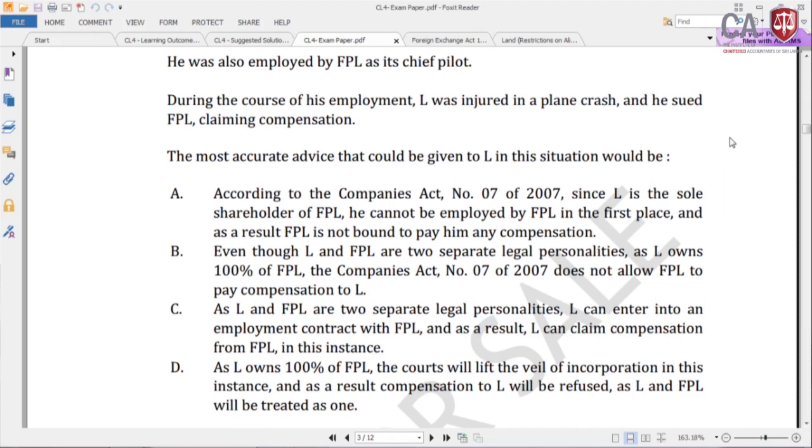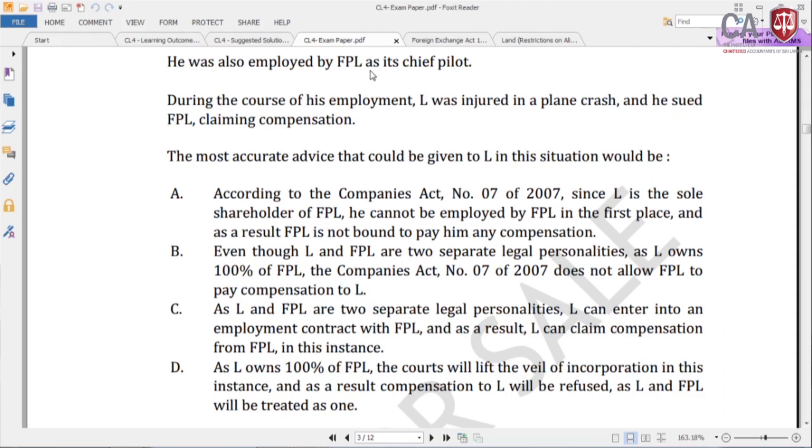Correct. As Larry owns 100% of FPL, the courts will lift the corporate veil in this instance. As a result, compensation to Larry will be refused, as Larry and FPL will be treated as one. No, because here Larry has not done anything fraudulent for the court to lift the corporate veil.